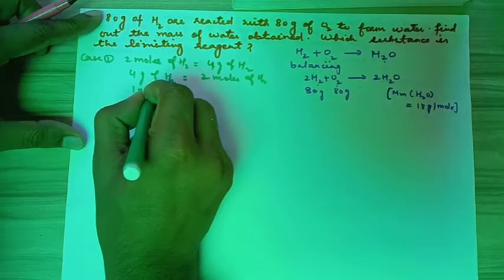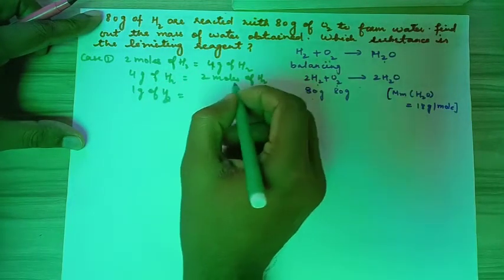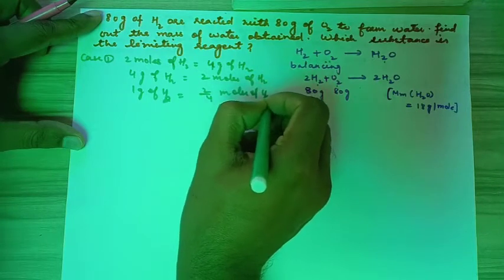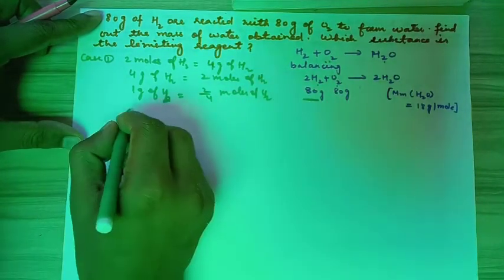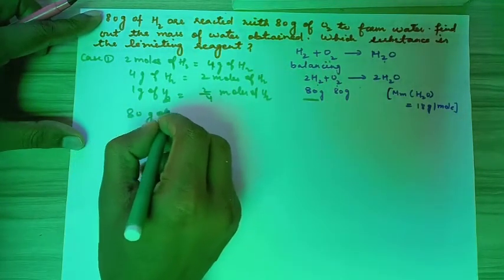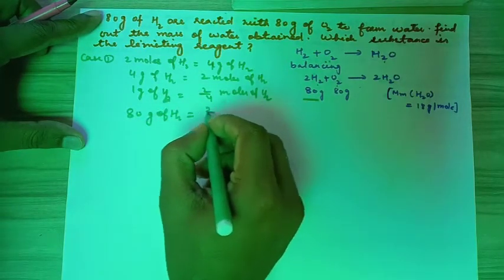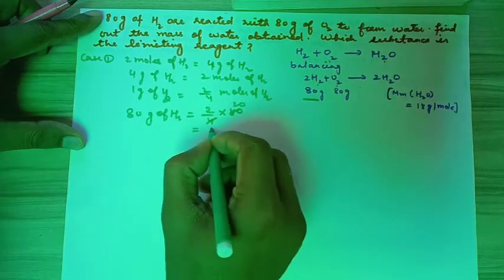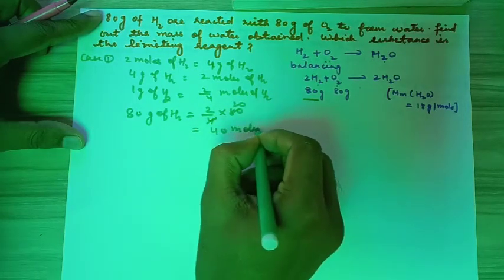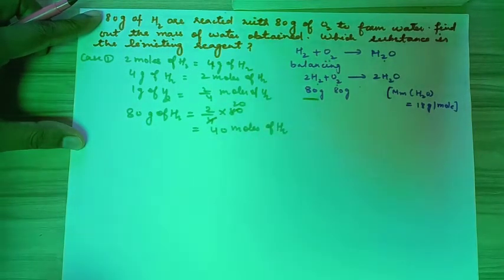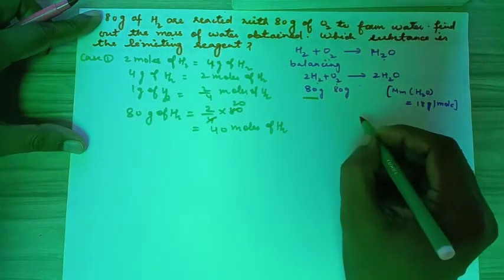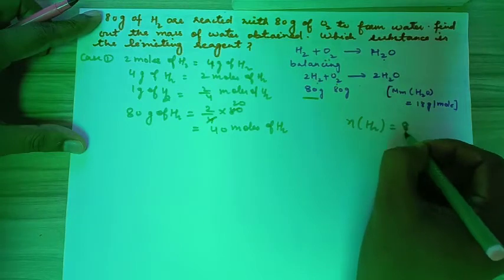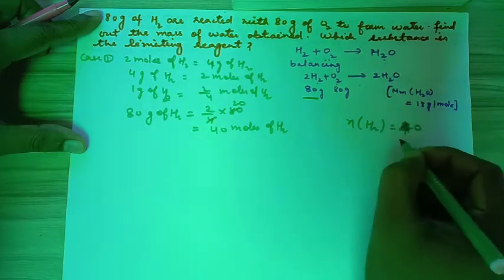So 1 gram of S2 will give us 2 by 4 moles of S2. So for 80 gram of S2 we will obtain 2 by 4 into 80, that will be 40 moles of S2. So moles of S2 obtained is 40 moles.